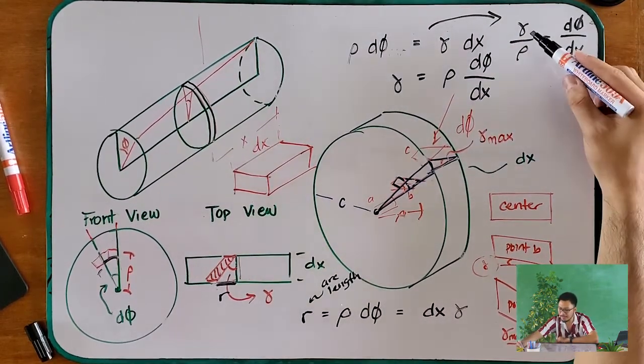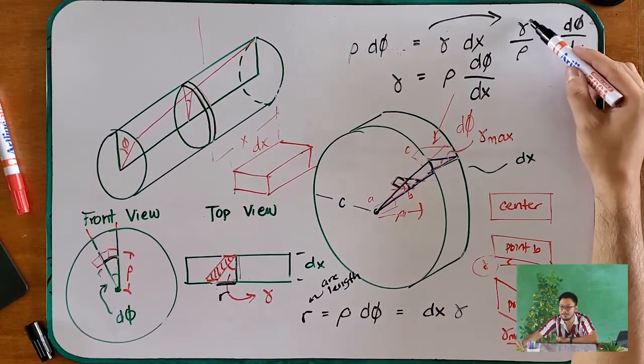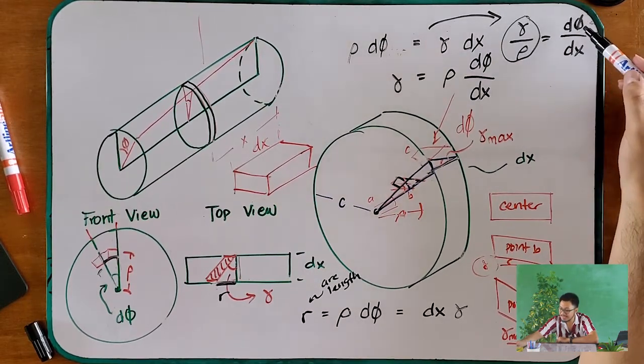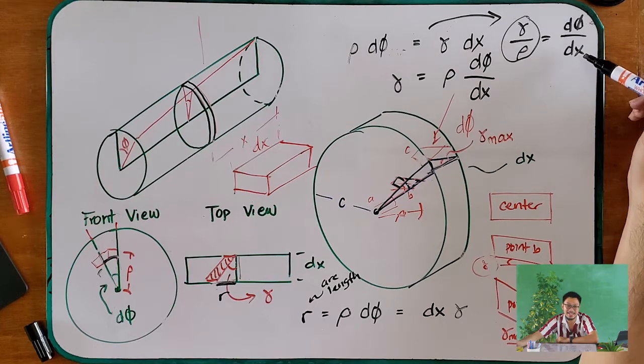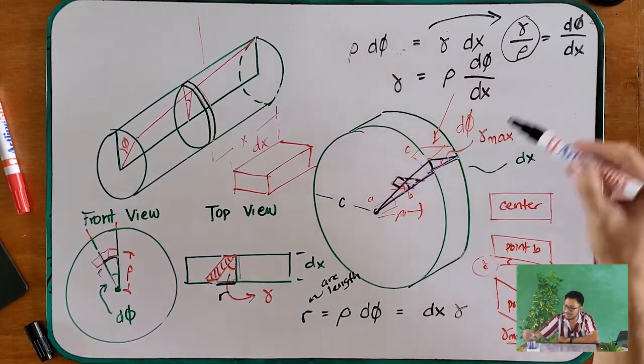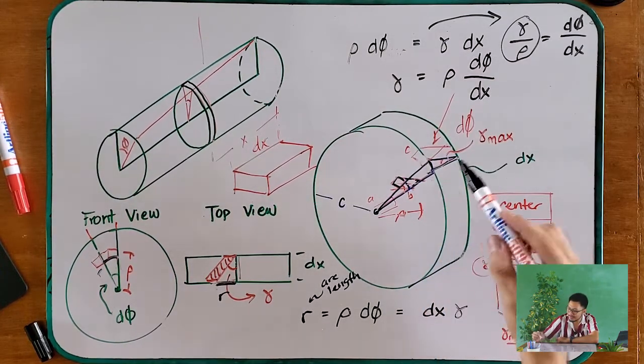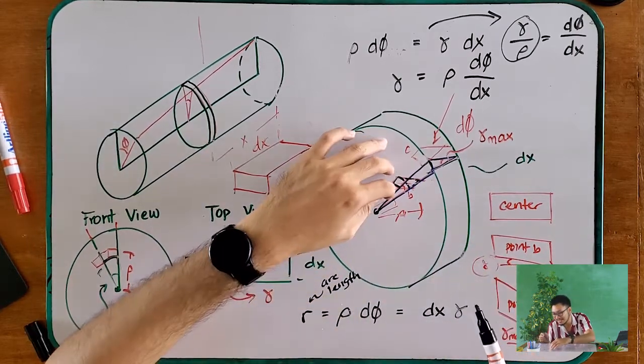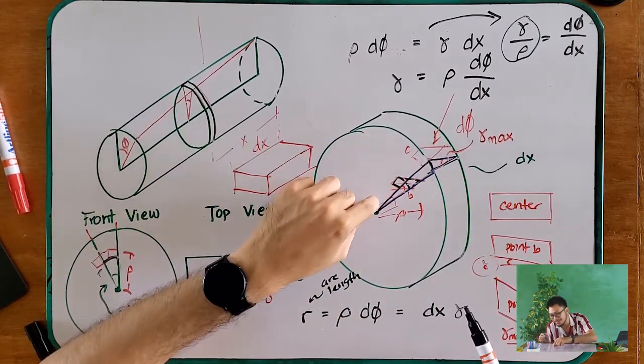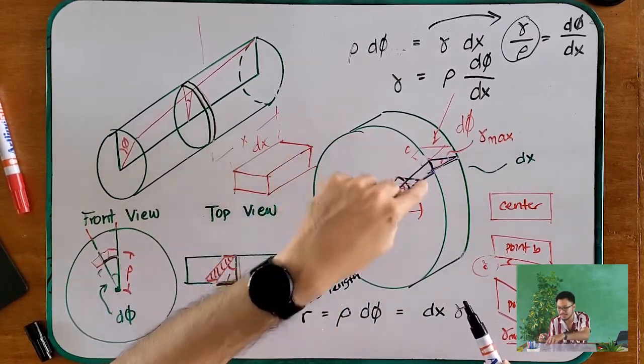Your gamma over rho is the one in your B, right? And since your d phi and your dx are constant throughout, d phi does not change no matter where you are located, from the innermost to the outermost.